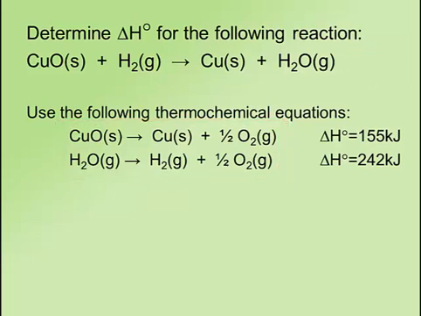For this question, I'm going to start with CuO. I'm going to get it in the right place on the reactant side and the right number of them, 1 mole. I can do that with the first thermochemical equation. The first equation will be used as is. But the second thermochemical equation will have to be flipped.